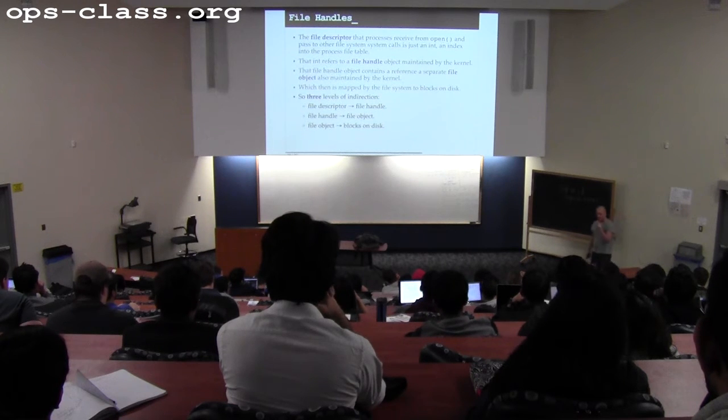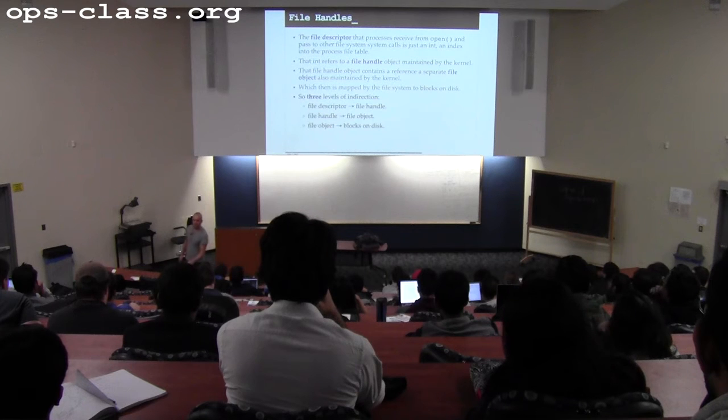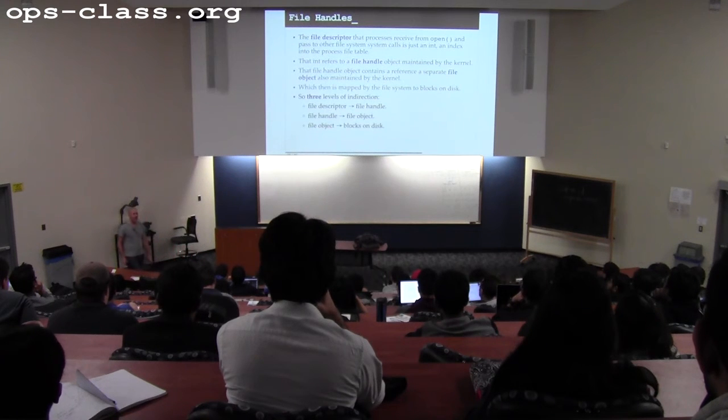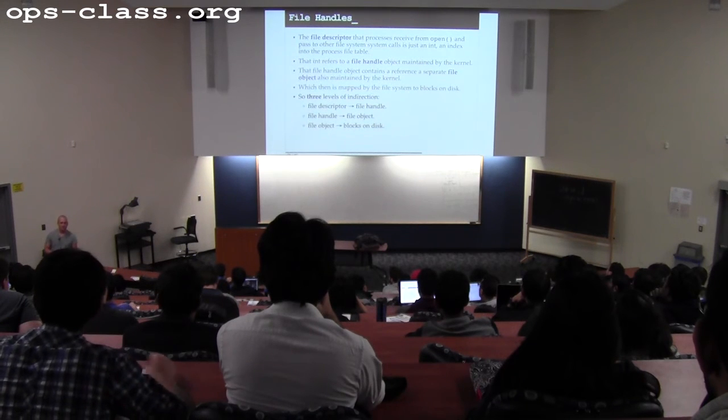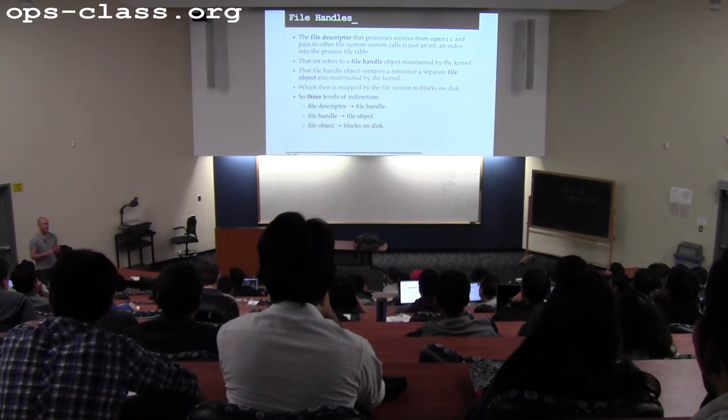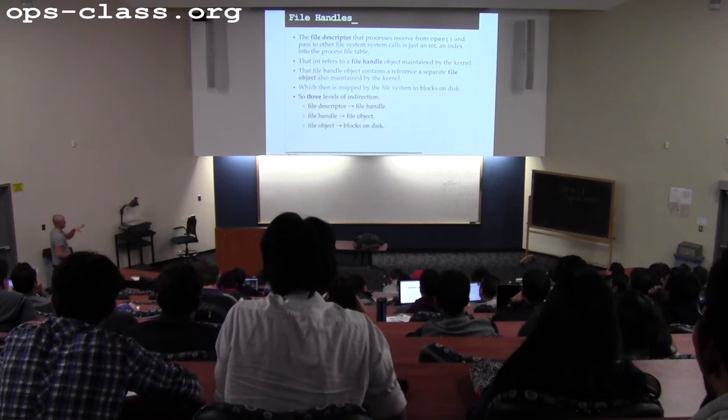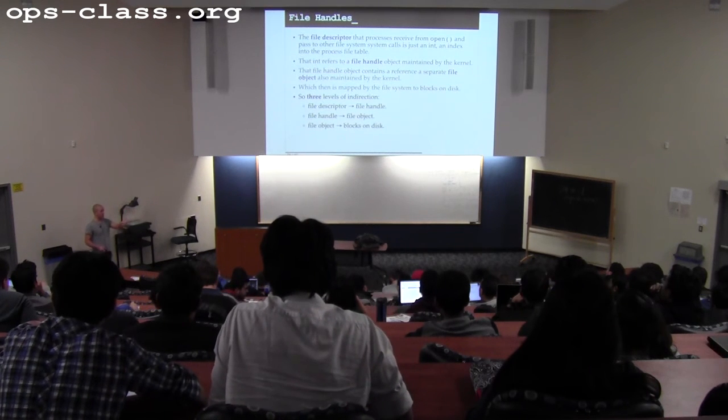Yeah. So you can add all the metadata and handle whether you can read or write this file. Oh, that's a good point. So there's a suggestion that this allows me to add extra metadata. I don't think that's actually true, although it could be true in certain cases, because I would argue that that sort of information, the permissions and things like this, belongs on the file object, right?